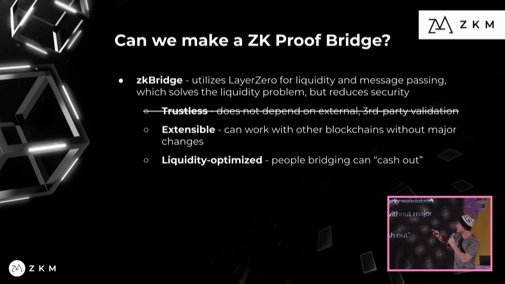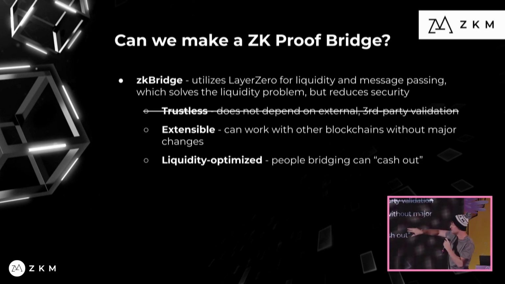For example, ZK Bridge utilizes layer 0 for liquidity and message passing. So they essentially focused on, I want people to be able to use our network, and I want people to be able to reliably bridge between it. And I want people to also have a great user experience because there's actually money in the system where I can bridge to different networks.